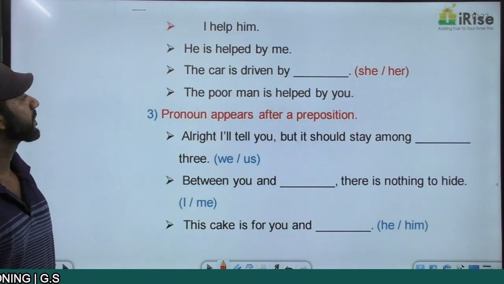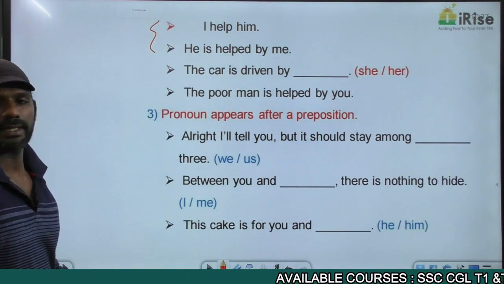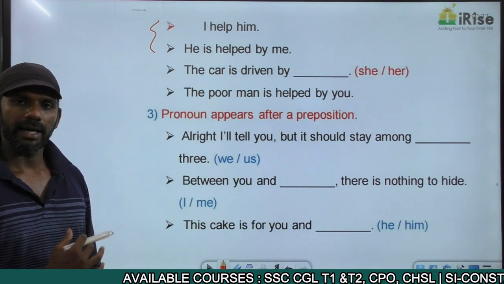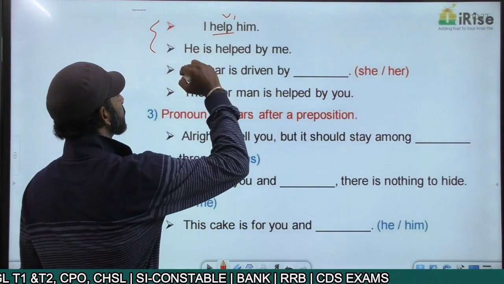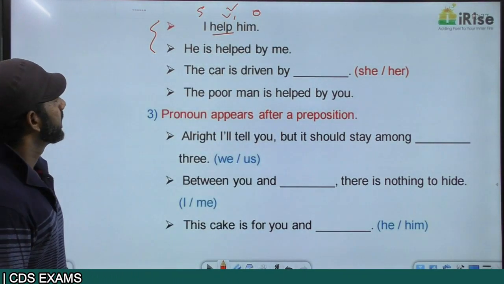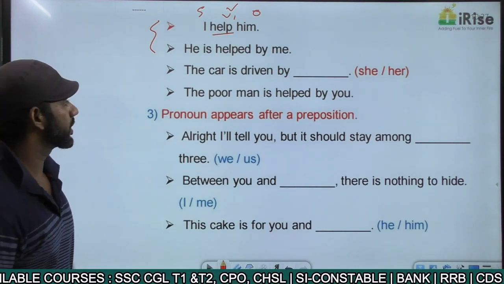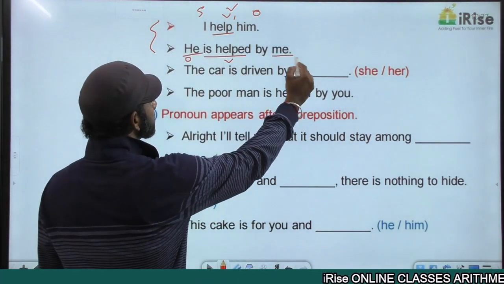Come to the first two statements: I help him; he is helped by me. I help him is active voice, because help is V1 and will never come in the passive voice: subject, verb, object. He is helped by me is passive voice, because by comes only in the passive voice: object, verb, subject.